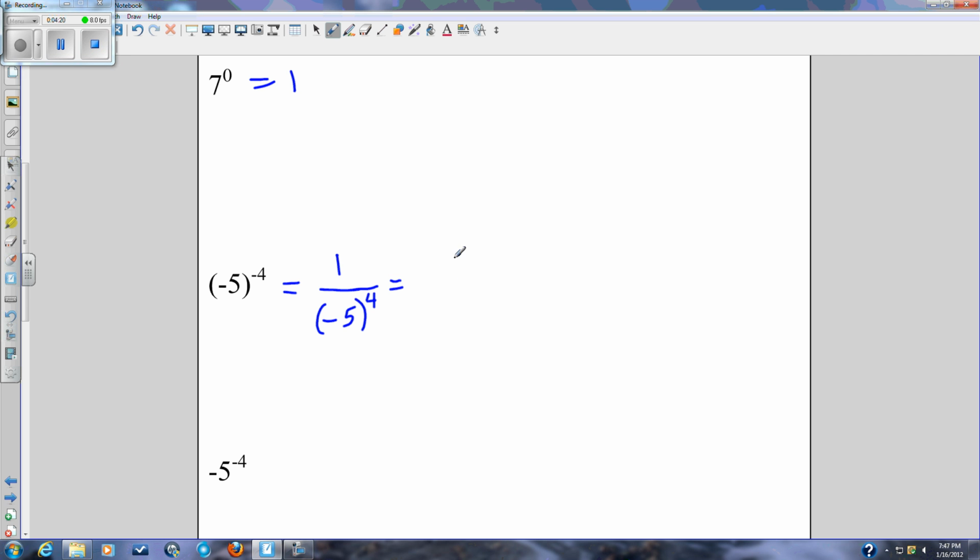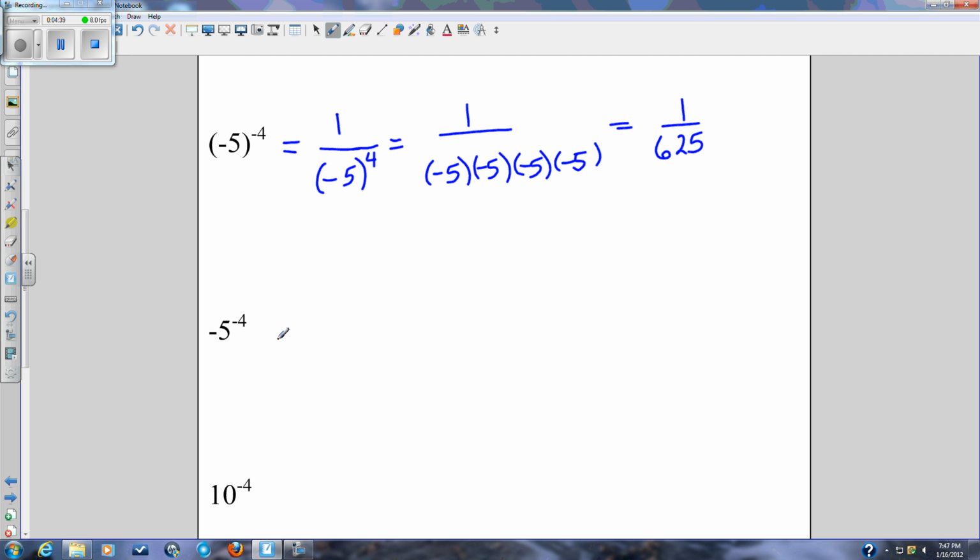And remember, this means 1 over negative 5 times negative 5 times negative 5 times negative 5. And all of that gives you 1 over 625.